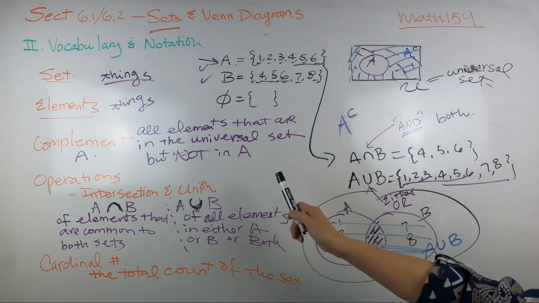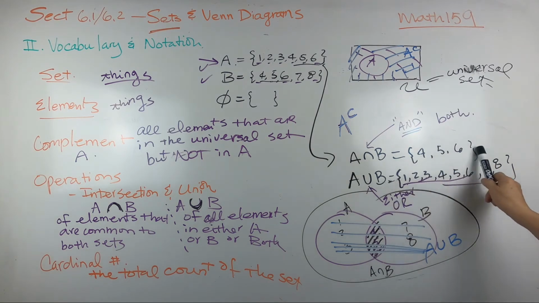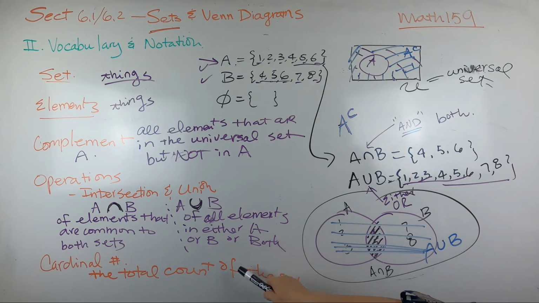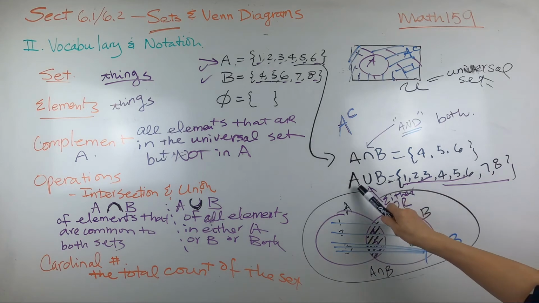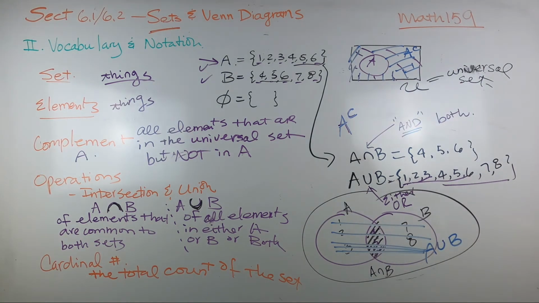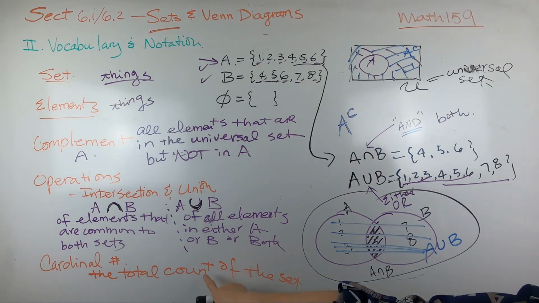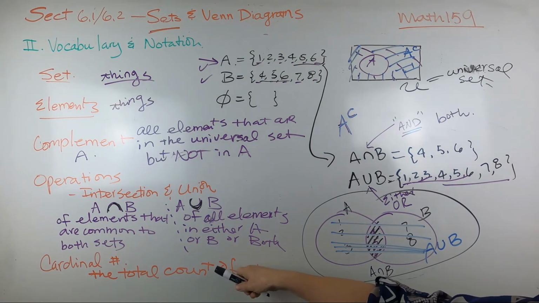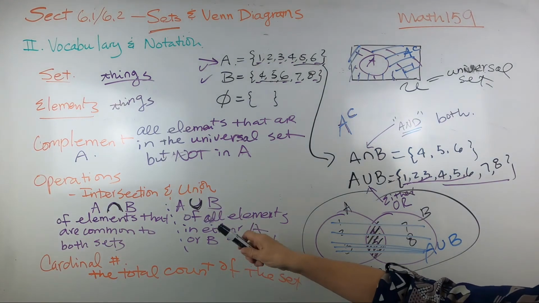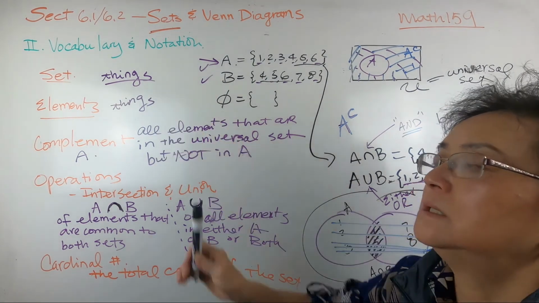Then what's the cardinal number for A intersect B? That would be 3 of them. What's the cardinal number for A union B? That would be a total of 8 of them. Okay, we are going to count the numbers with the terminologies we use to present the idea of how many elements are in a set.